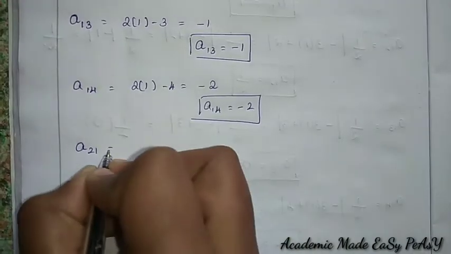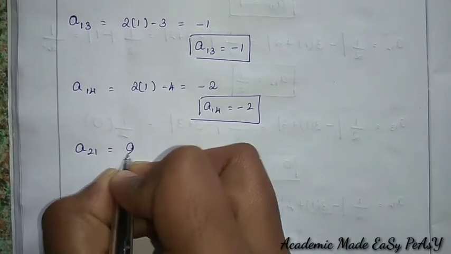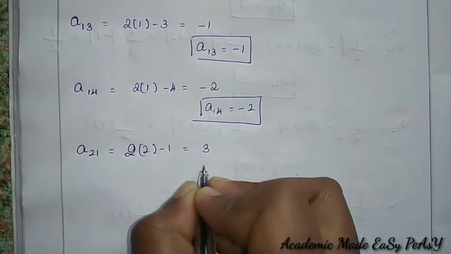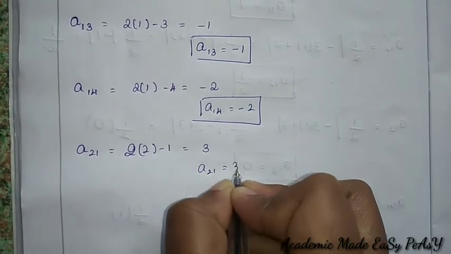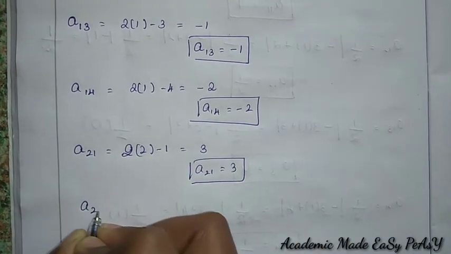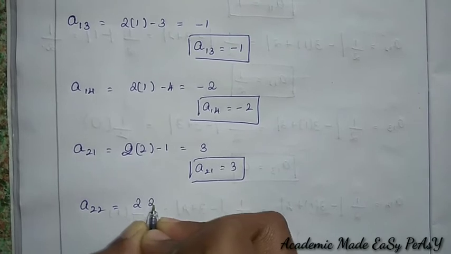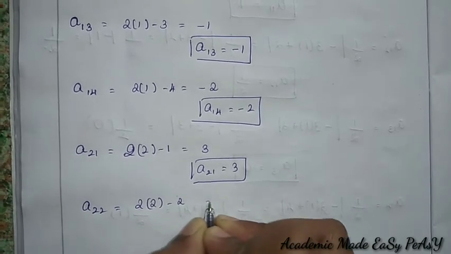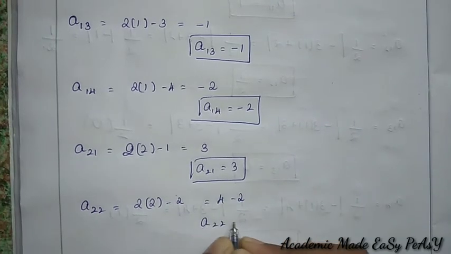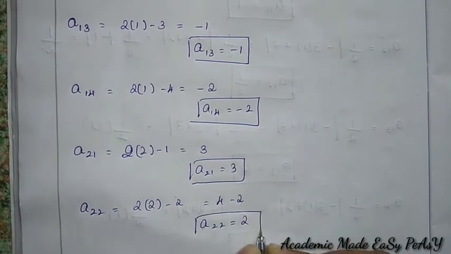Next, A21 is equal to 2 into 2 minus 1 is equal to 3. A21 is equal to 3. A22 is equal to 2 into 2 minus 2, which is equal to 4 minus 2. A22 is equal to 2.